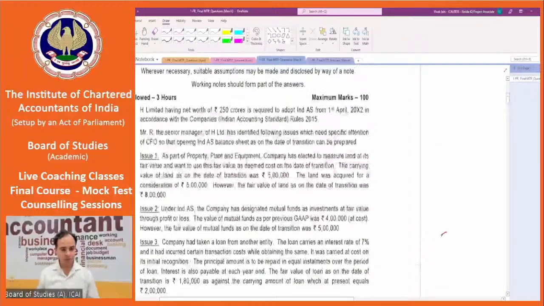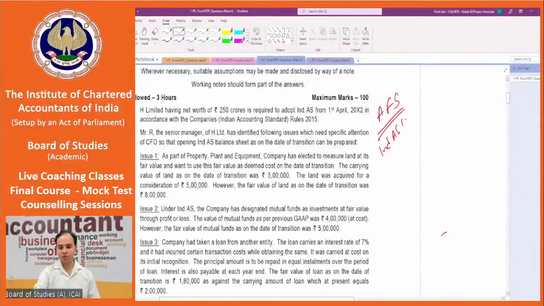It was from analysis of financial statements, read with Ind AS 101. Further, you should also have knowledge of Indian GAAP, that is, accounting standards, to attempt this question. Therein certain issues were given, and you are required to answer those issues as per the requirements of the question.